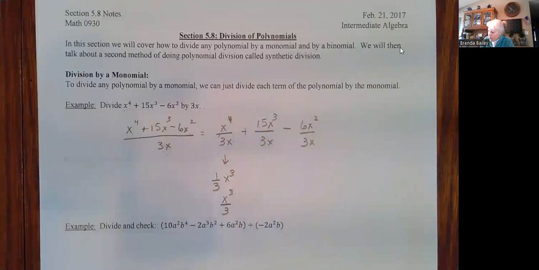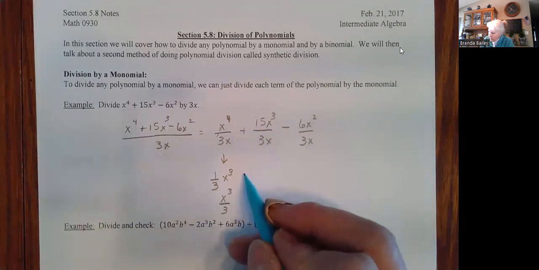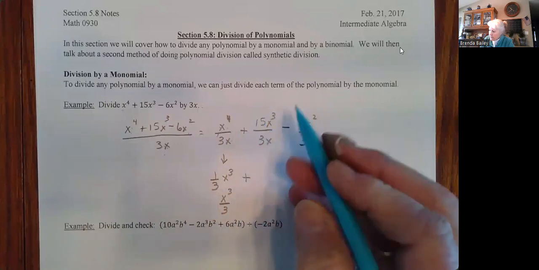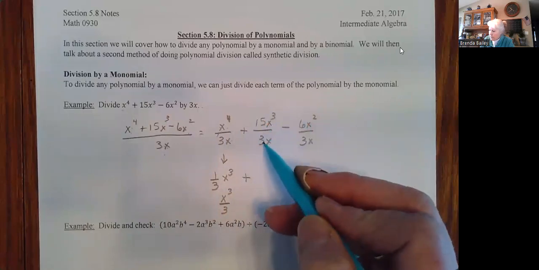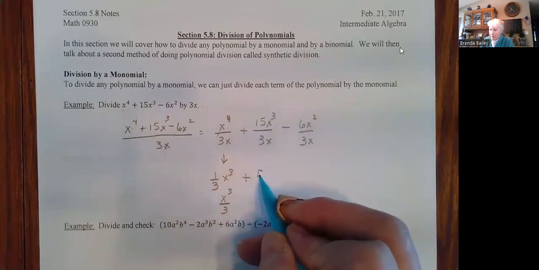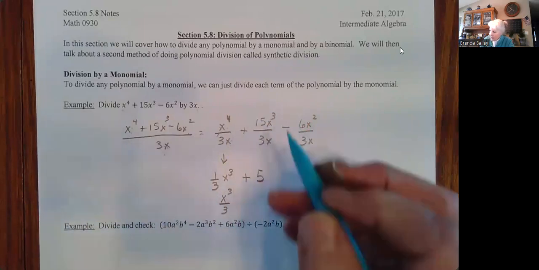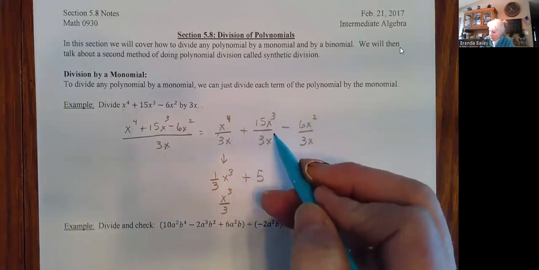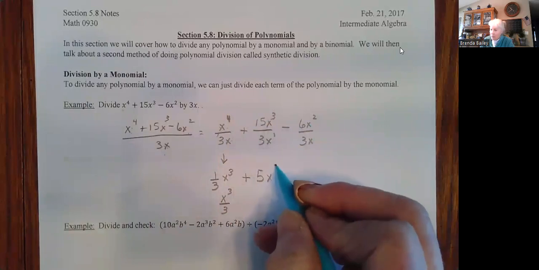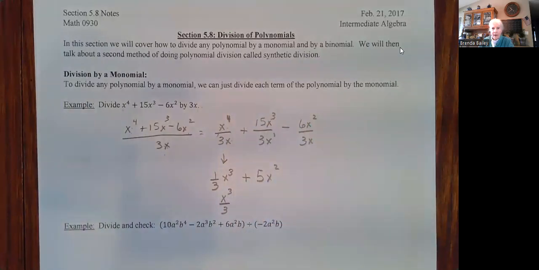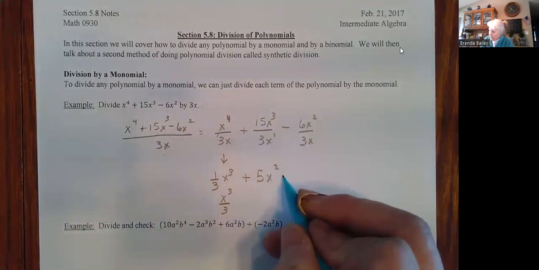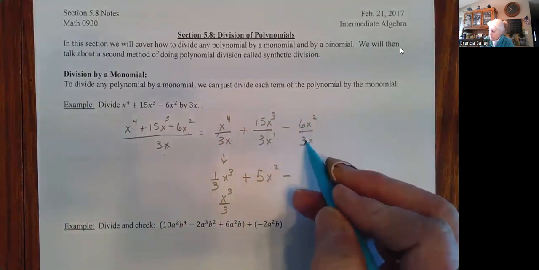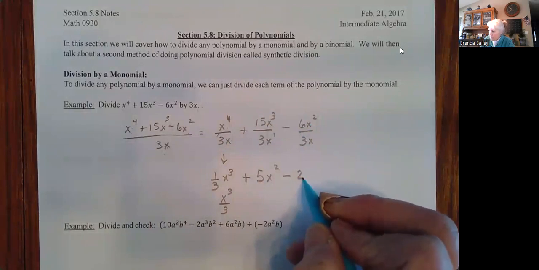All righty. Going to the next one, we have a plus. Reducing these, the 15 and the 3 reduce to a 5. And then we take 3 minus 1, x squared in the numerator. Okay, and now we do our last term. We have a subtract. 6 over 3 reduces down to a 2.